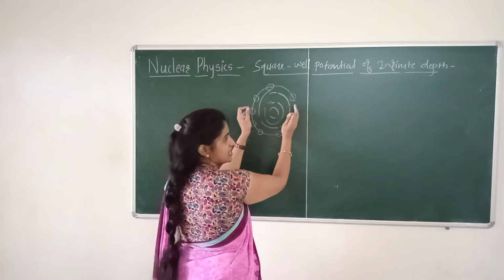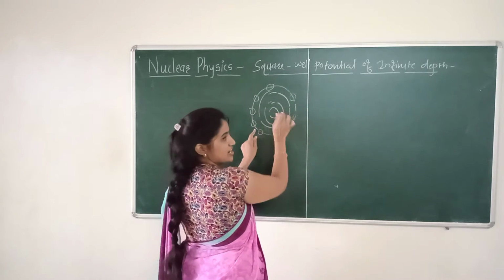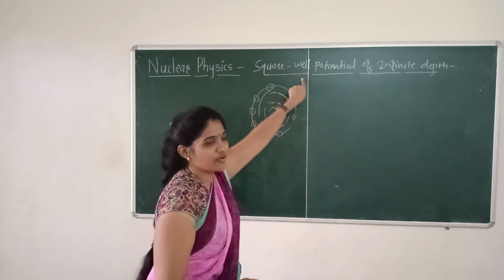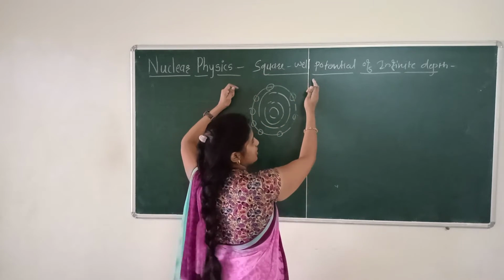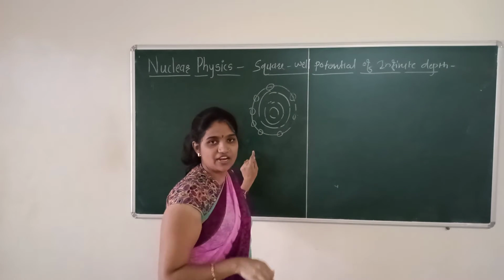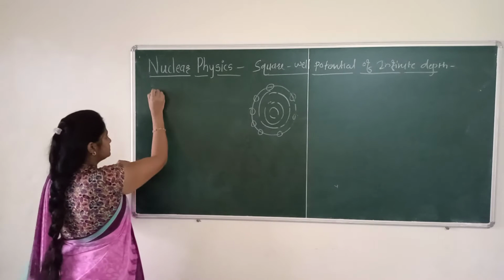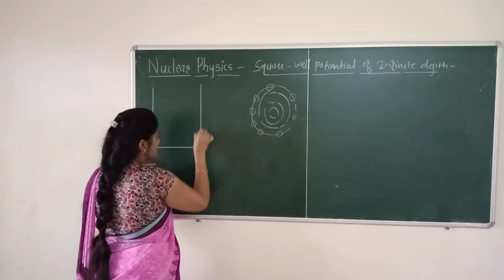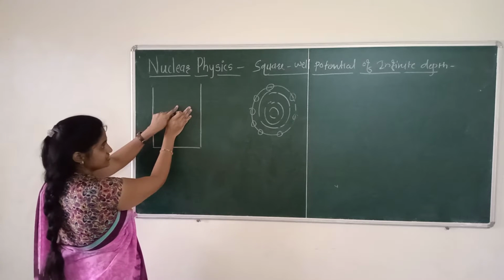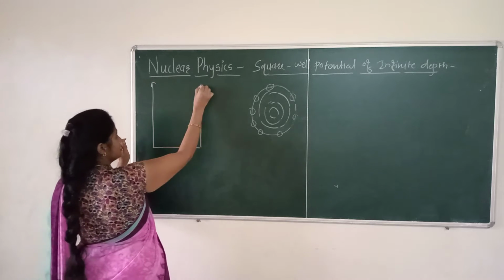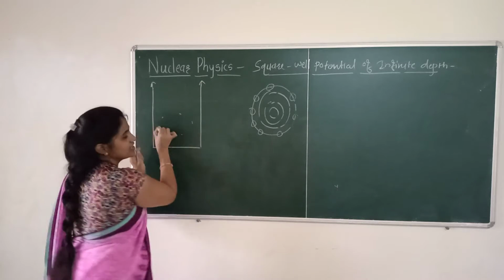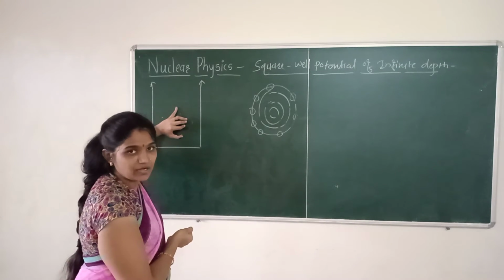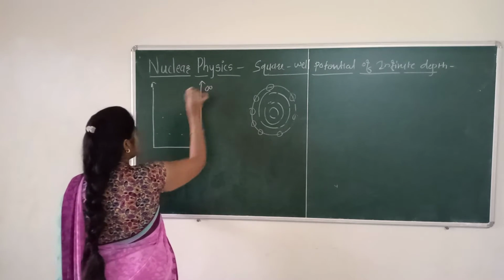Means there is a constraint to the nucleons. We can say that the nucleus is like a square wave potential, and in that potential a number of nucleons are enclosed. Understand how? See here, this is a nucleus with an infinite potential, and the different nucleons are enclosed in it. Means there is a constraint to the motion of the nucleons. What is the constraint here?